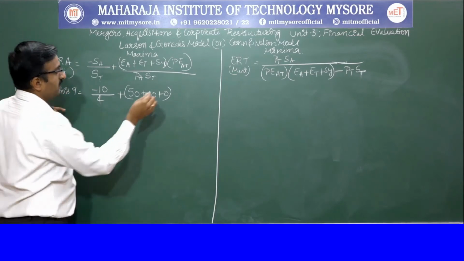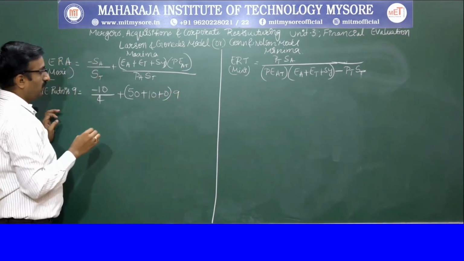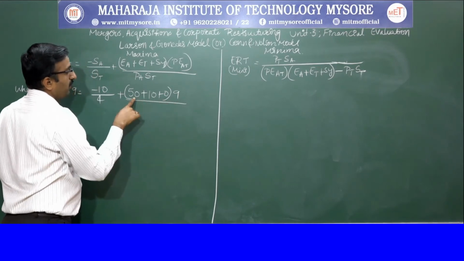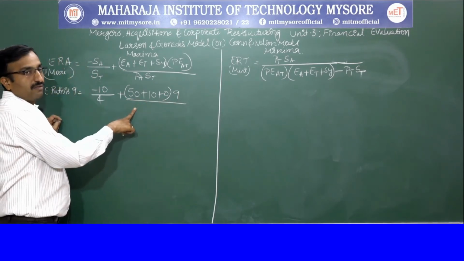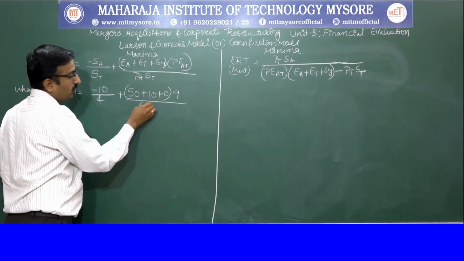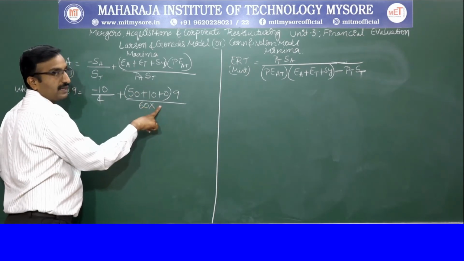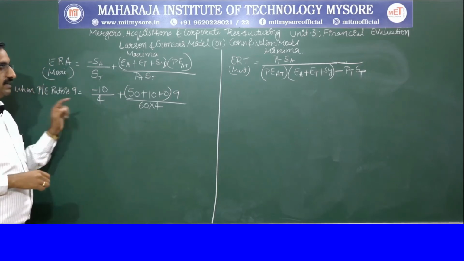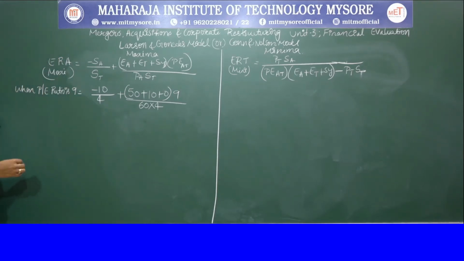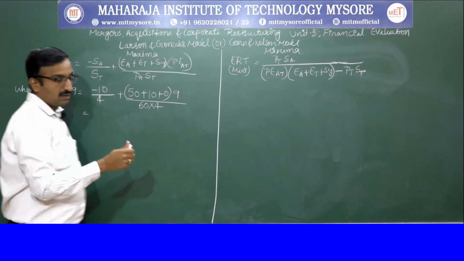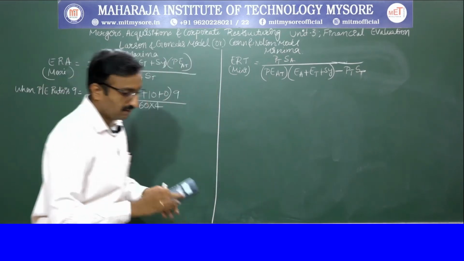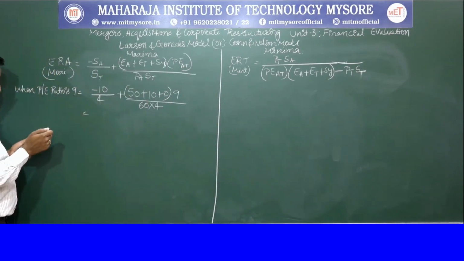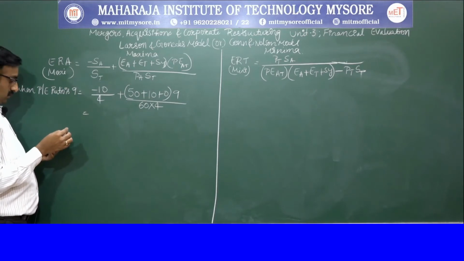Divided by P of A, that is 60 rupees, and S of T, that is number of shares in T, it is 4 lakh. In terms of single digit we can take it. So find out this one with the help of calculator.